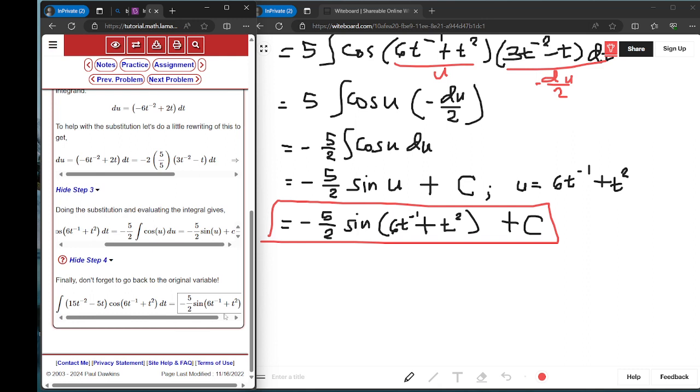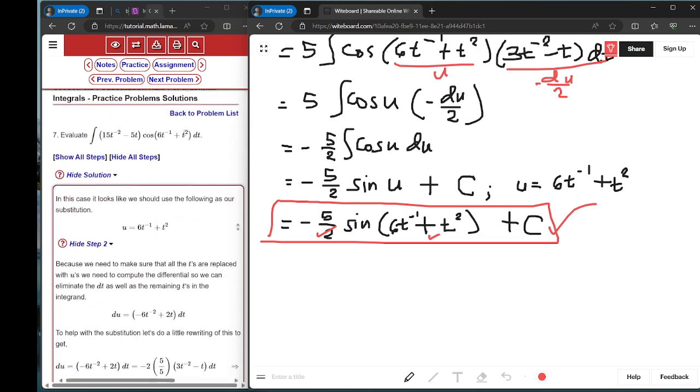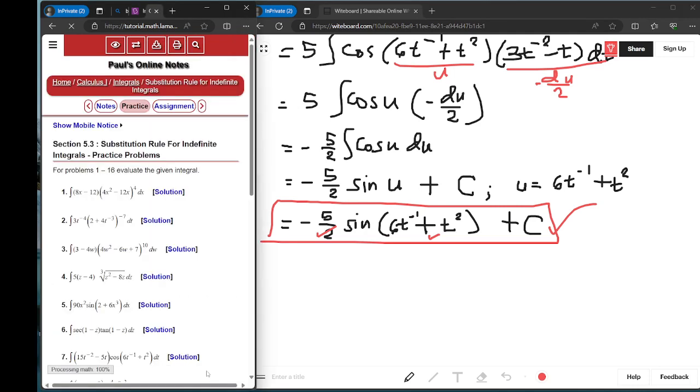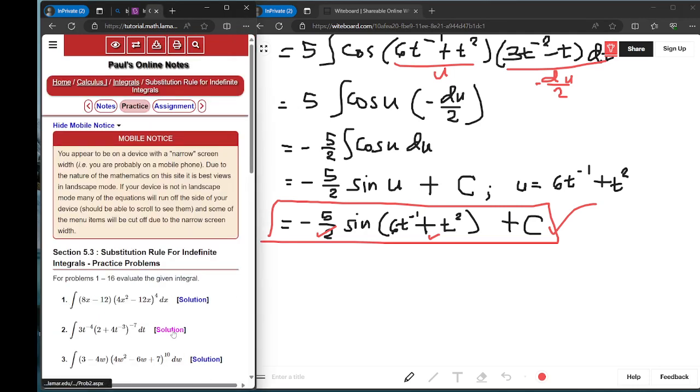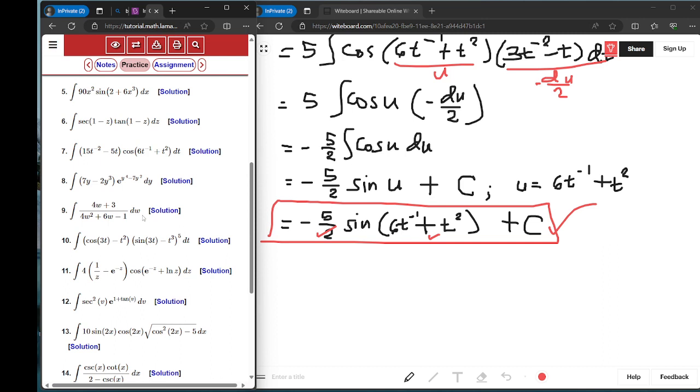And the last is negative 5 over 2 sine of 6 to the negative 1 plus c. Okay, that's it. So let's move back. We're done with number 7.